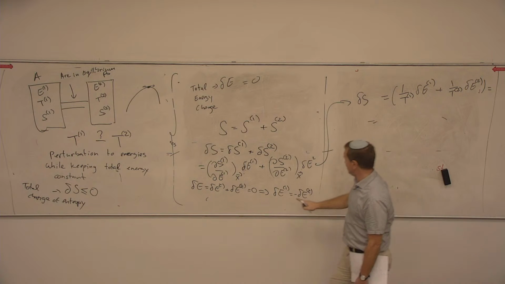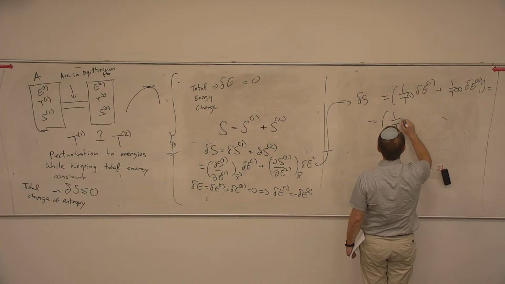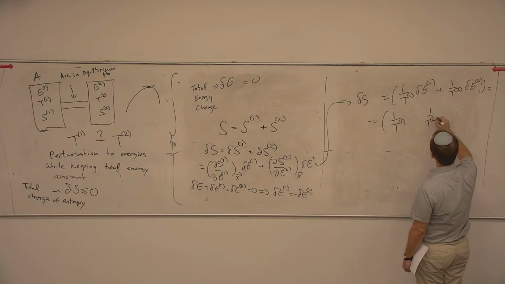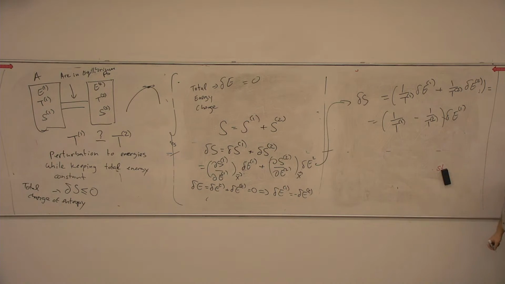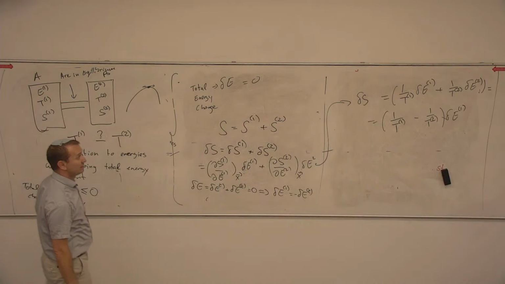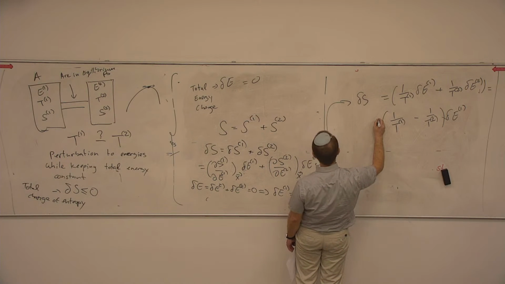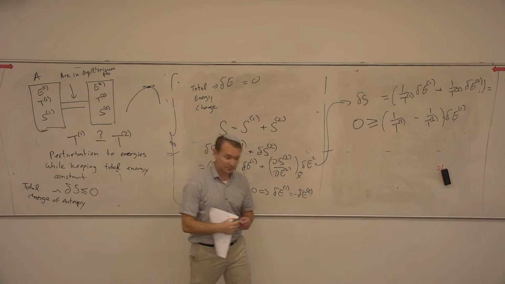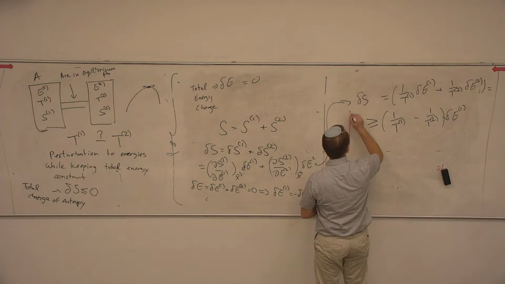Since delta E1 equals minus delta E2, we have 1 over T1 minus 1 over T2, times delta E1. Moreover, delta S is negative, so this is smaller or equal to 0.